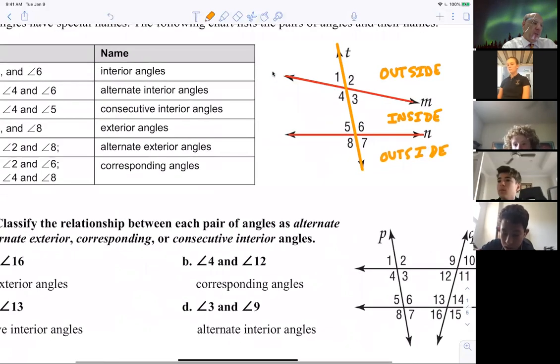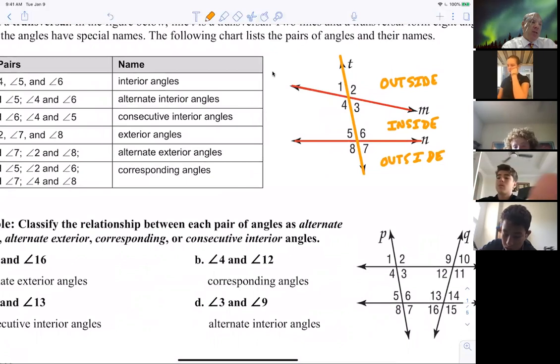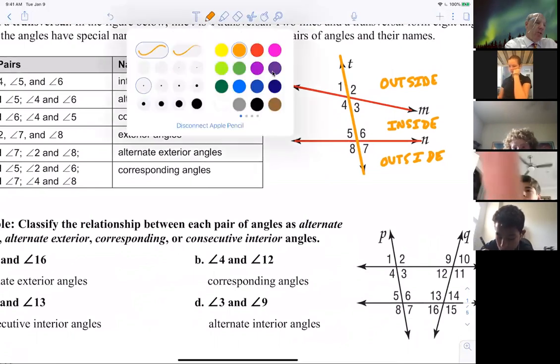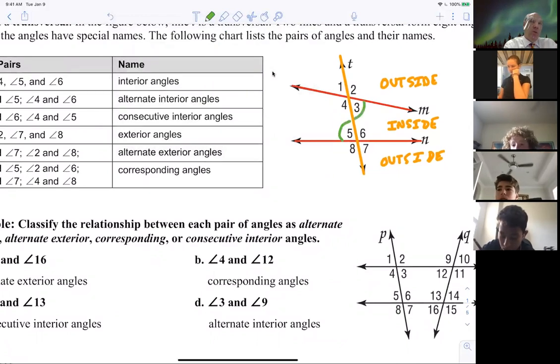But the main things you're going to review is alternate interior angles. So let's look at the alternate interior. 3 and 5 are alternate interior because they're on alternating sides of the transversal in between the other 2 lines, or on the inside.